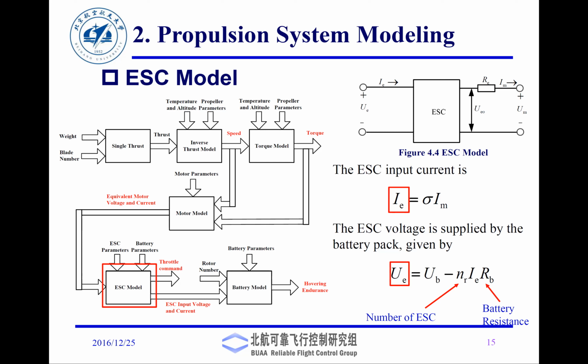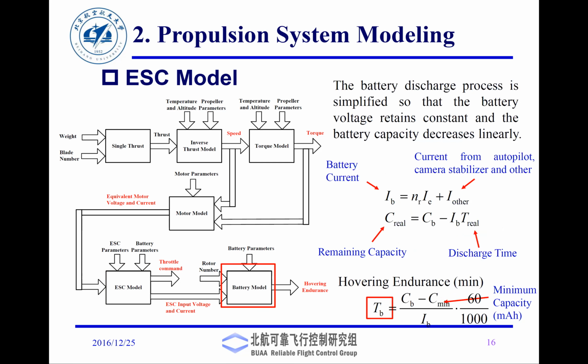As you can see, there is UB, that is the voltage supplied by the battery, minus the number of ESCs, because ESCs have their own wiring, their own circuit, so there is some resistance to it, multiplied by the current that is flowing to the ESCs.